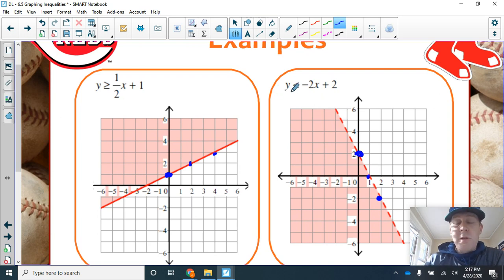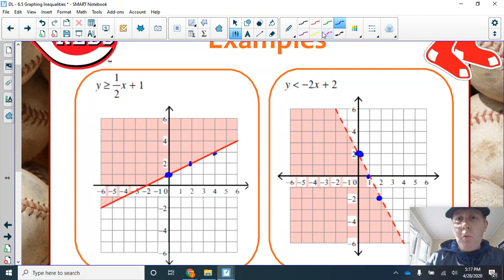So again, it's y is just less than, not equal to. So that's why we pick a dashed line. And then since y is less than, I focus on where it crosses the y-axis, and we shaded below that line.